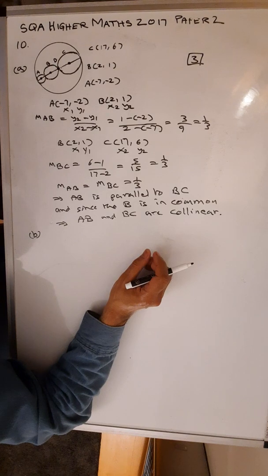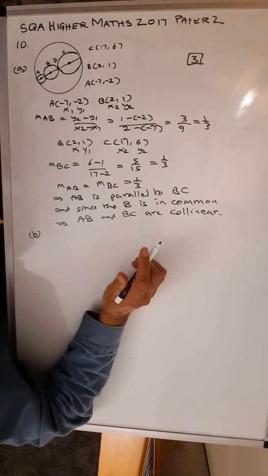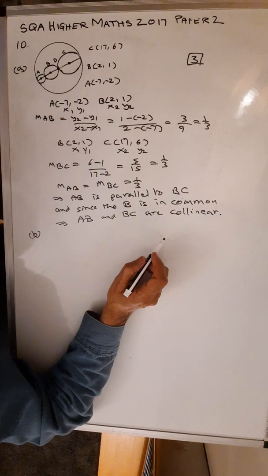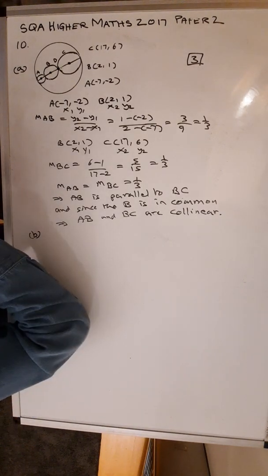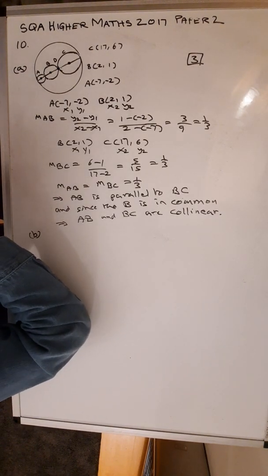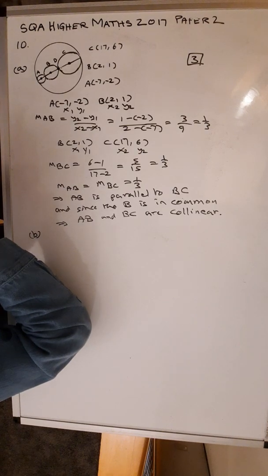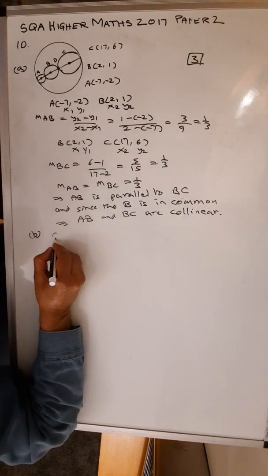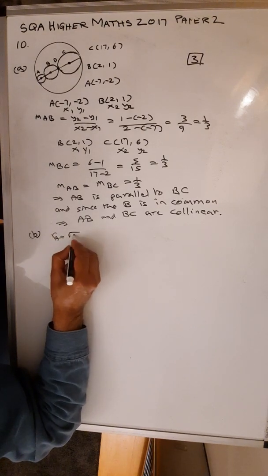Part B. 3 circles with centers A, B and C are drawn inside a circle with center D as shown. The circles with centers A, B and C have radii r_A, r_B and r_C respectively. The radius of A is equal to root 10.